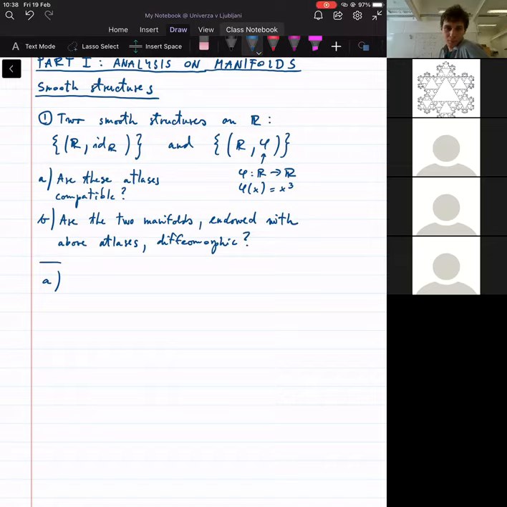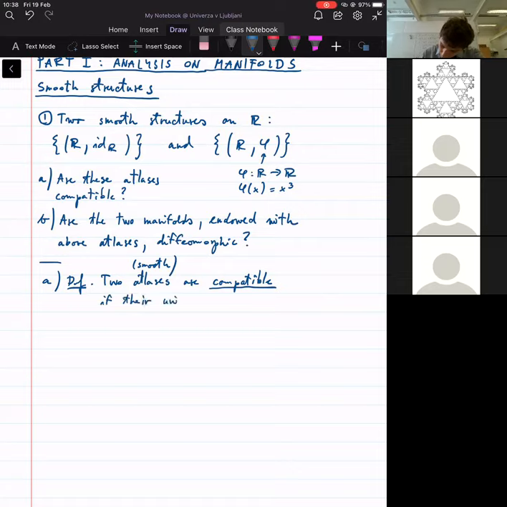Their union is again a smooth atlas. Yes. So this is the definition, right? Two atlases, and of course we have in mind smooth atlases, are compatible if their union is again a smooth atlas.